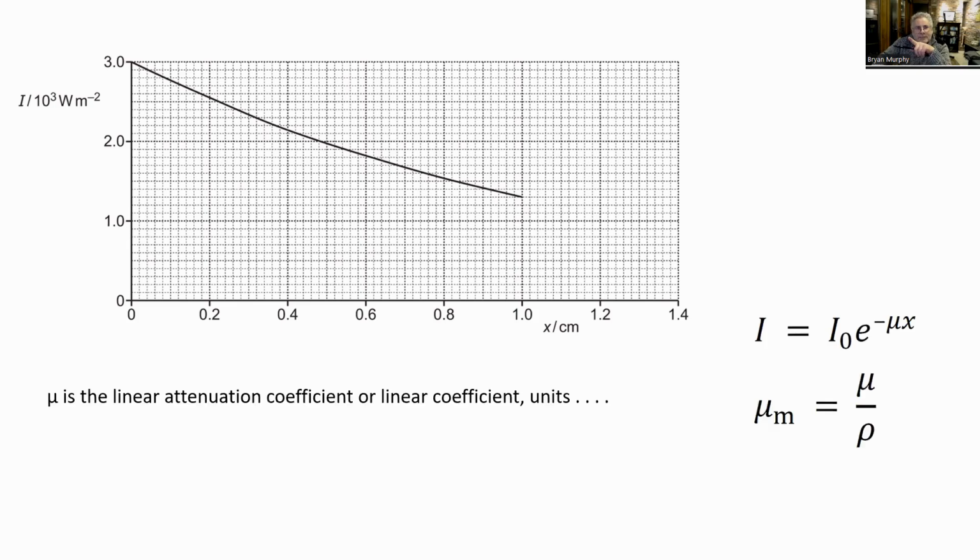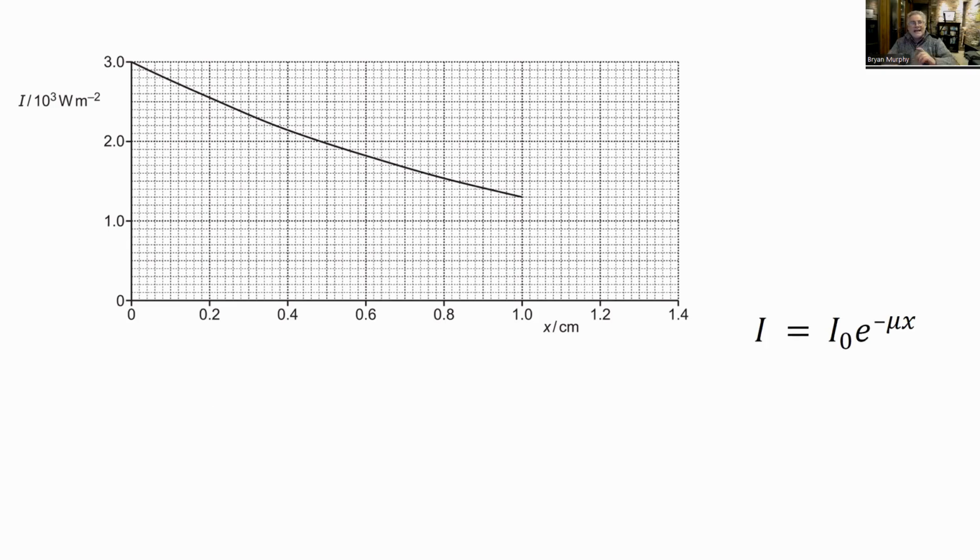So I want a formula. Where's my formula? No. When you have a graph like that, if you think about your radioactive decay one, when you had a graph and you had to find out the radioactive decay constant, or a capacitor and you have to find the time constant, if you have got a graph like that, this is how you do it.